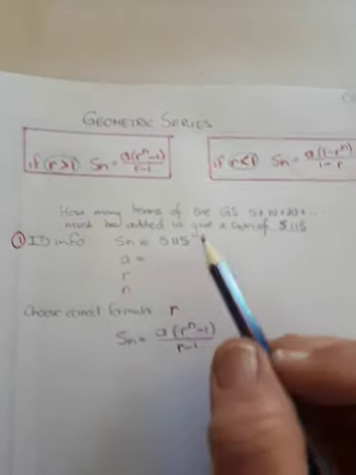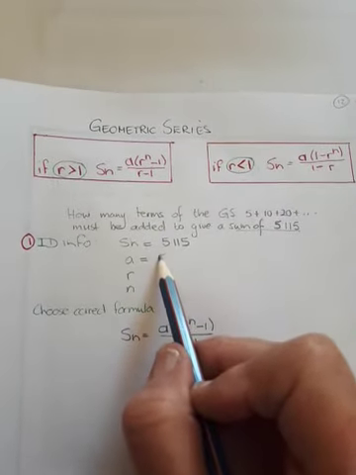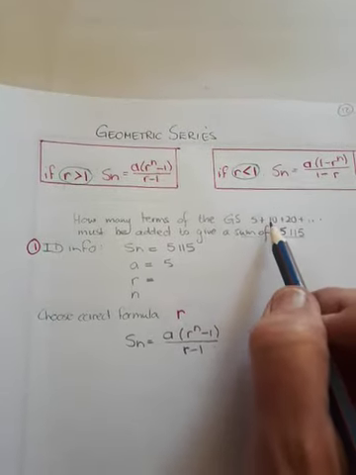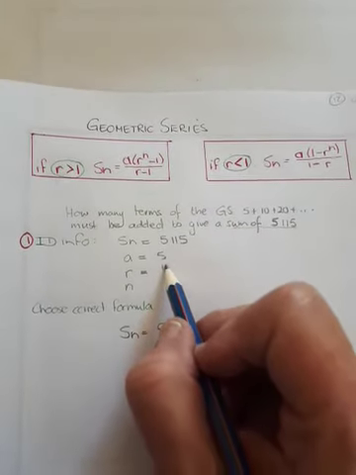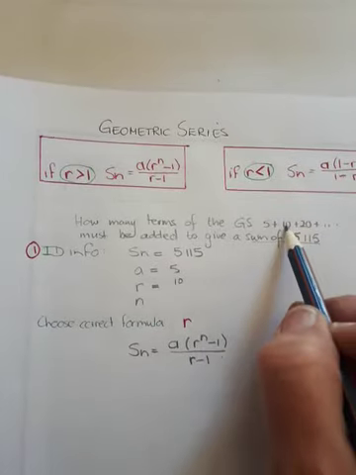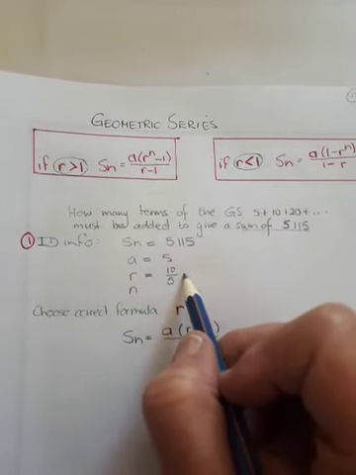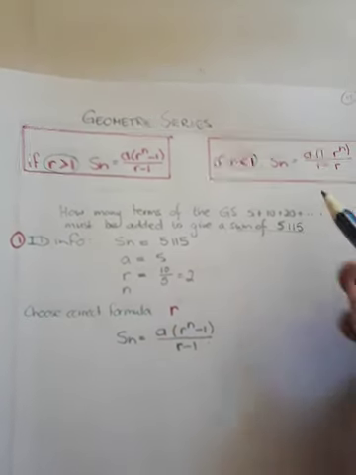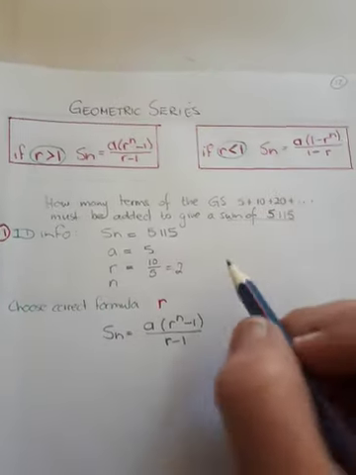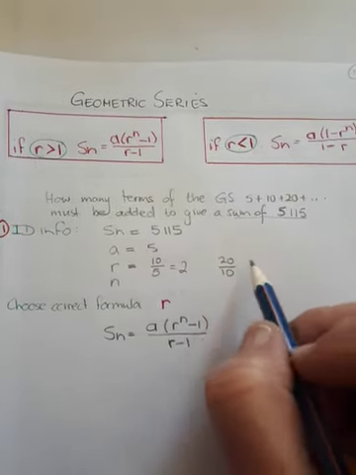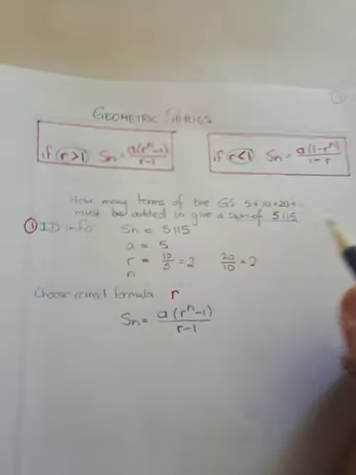Then A is the first term, which in this case is 5. The ratio, remember, we calculate by taking any term. I take 10, then I must divide that by the previous term. Divide by 5, which gives me 2. And I will check it with another one. 20 divided by the previous term, which is 10, will also give me 2.